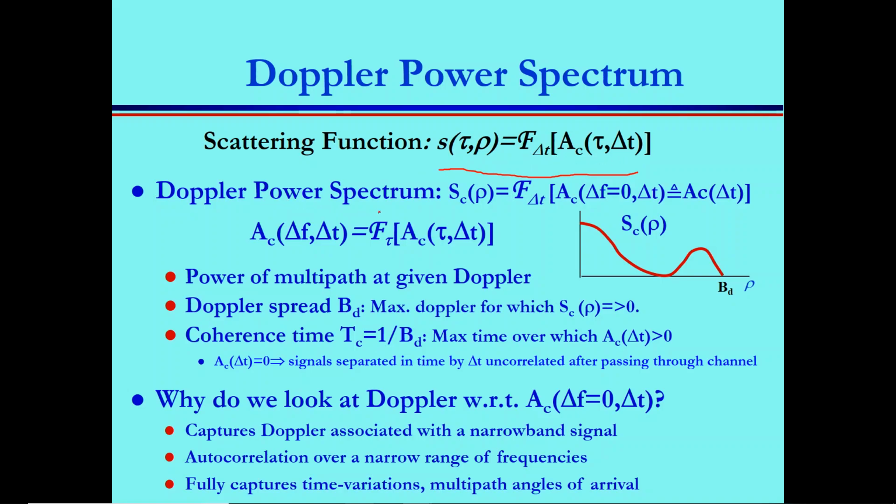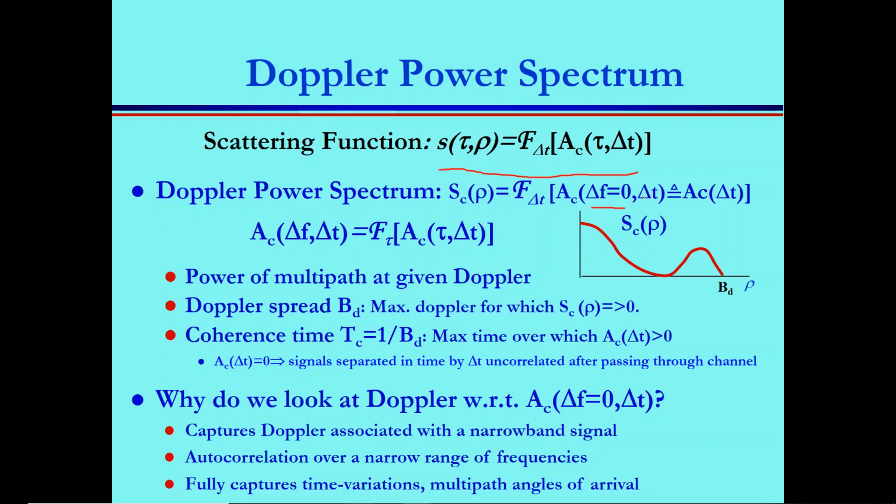If you were to find the Doppler power spectrum profile, then you need to eliminate tau, and you are interested in having it in terms of rho only. You take the Fourier transform with respect to delta t, but instead of putting delta t equal to 0 as in the previous case, you put delta f equal to 0, because in this case you have no frequency variation. Delta f equal to 0.